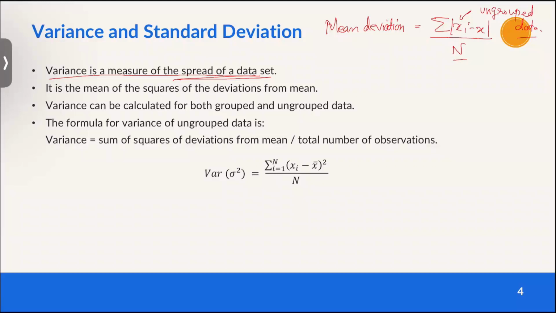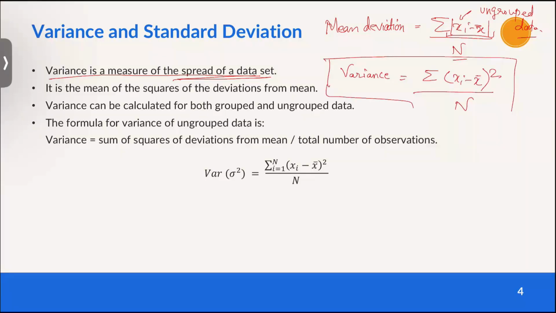Now we are saying that this deviation, we will square it up. And therefore this value after squaring it up is called variance. So variance of a data is the summation of (xi minus x bar) whole squared divided by n.